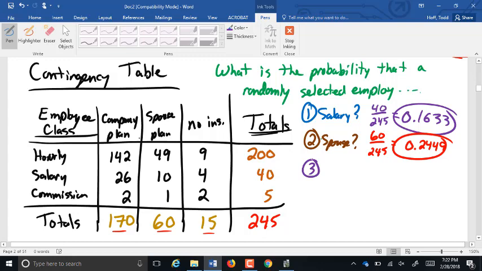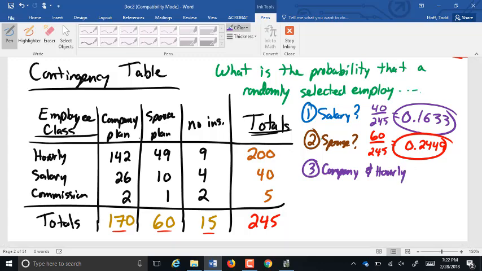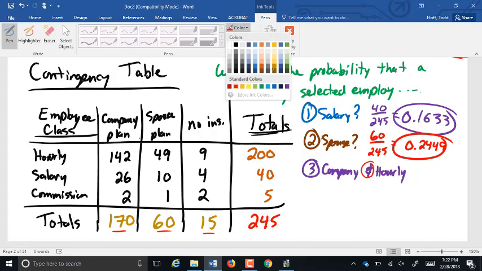The third thing I'm going to ask, what is the probability a randomly selected employee is company plan and hourly? So we've got that in there. What does that mean? Yeah, it has to meet both conditions.